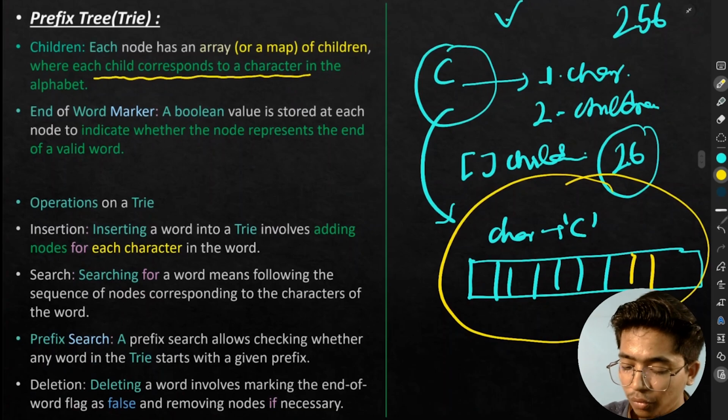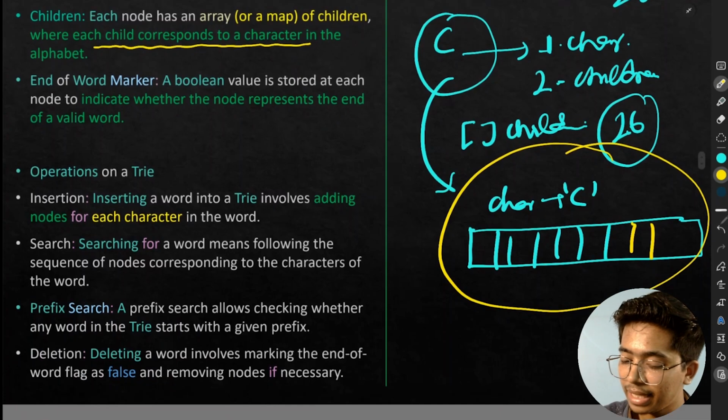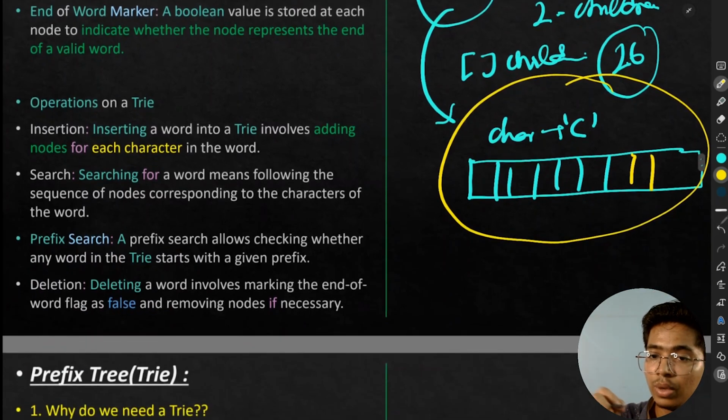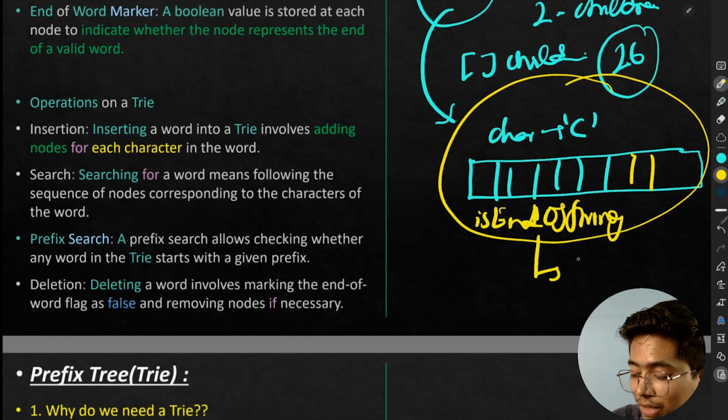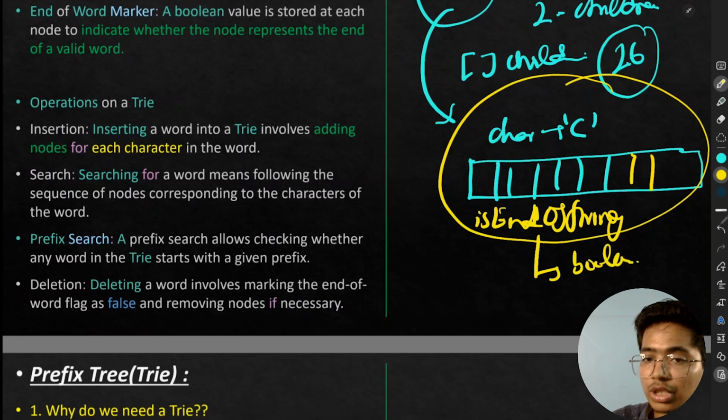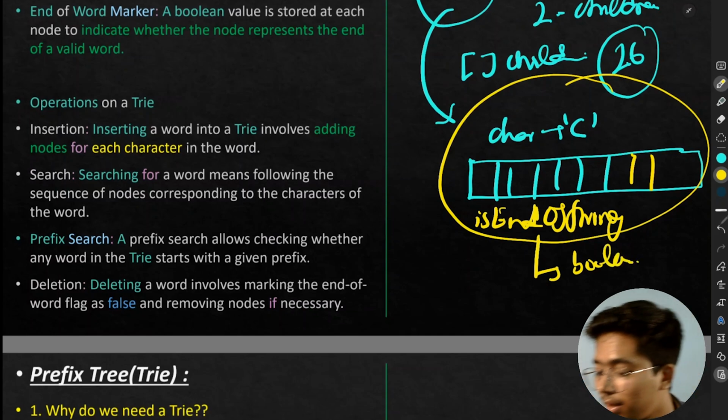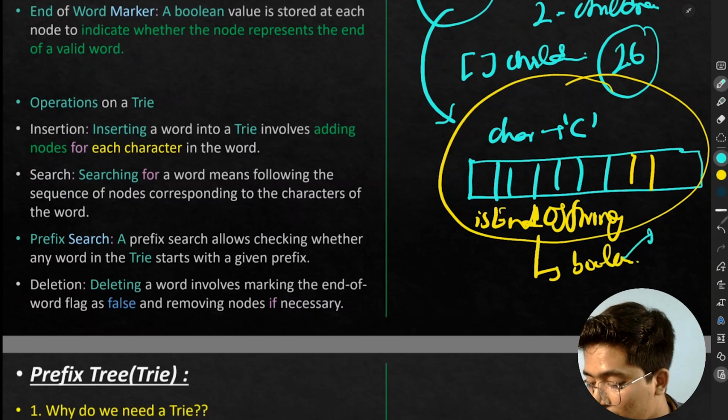Okay. End of word marker. A boolean value is stored at each node to indicate whether the node represents the end of a valid word. Here we also use a boolean value, is end of string. This is end of string is a boolean value and it stores either true or false.